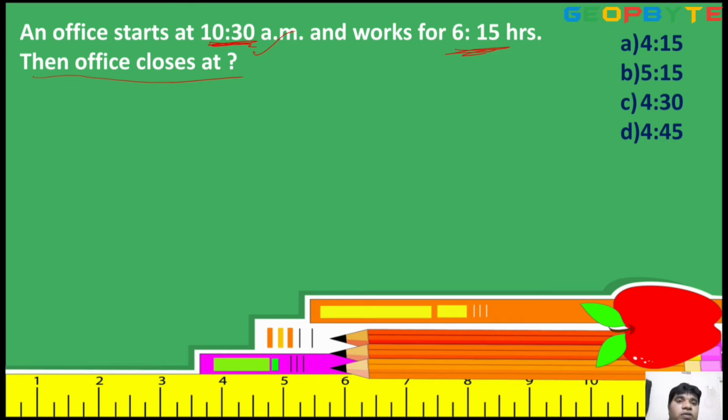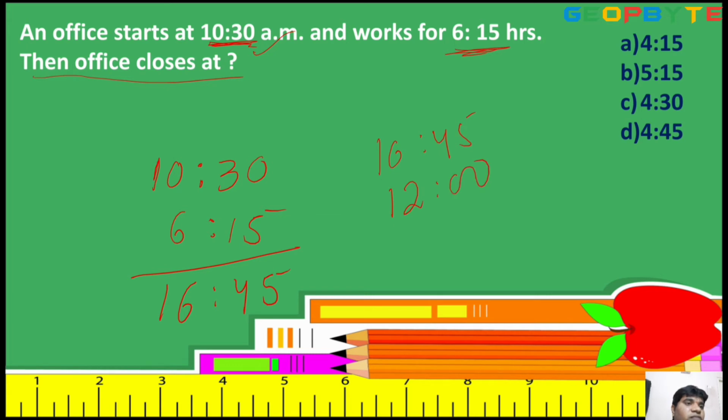Look at it. The office starts at 10:30 in the morning and works for 6 hours 15 minutes, total 16:45. So it closes at 16:45. But in regular life we have a 12-hour watch, so in 16:45 you remove 12 hours.